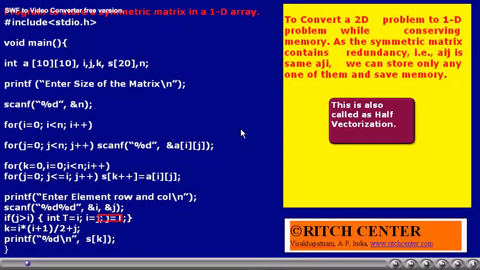That is, k will be taken as i into i plus 1 by 2 plus j, and that will be printed by accessing the 1D array. Like this, the user will still be working at the 2D level, ith row jth column level, but our program accesses that element from the 1D array S, and it will be printed.